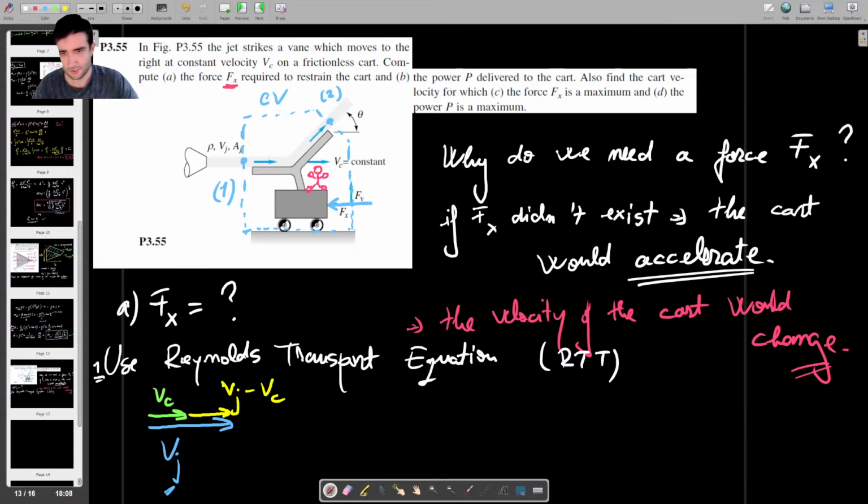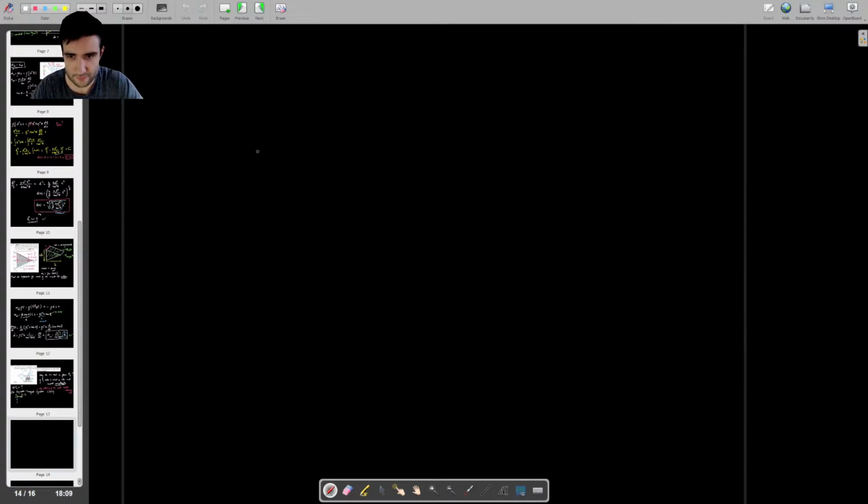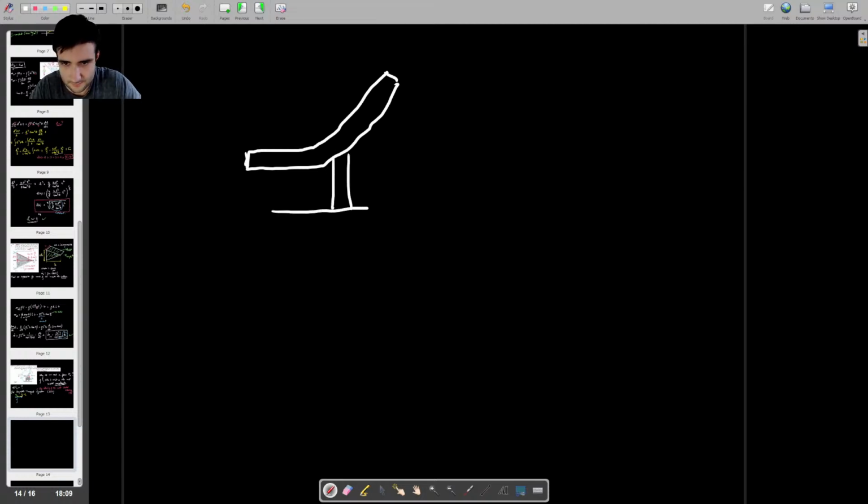Yeah. So if we redraw this free body diagram or this control volume with this in mind, things are going to look a bit different. So here's what we have. Let's say this is the vane, which is attached to the cart, which has some wheels and so on.